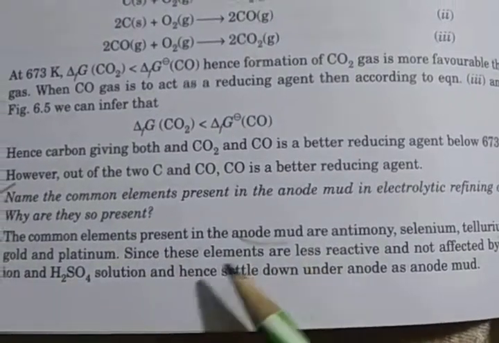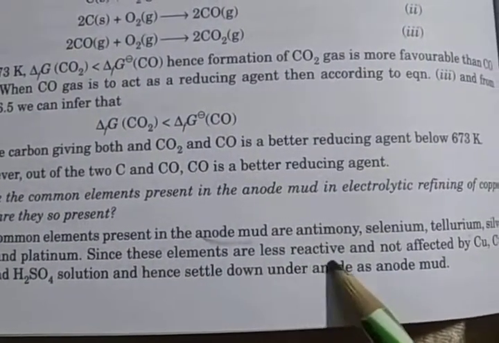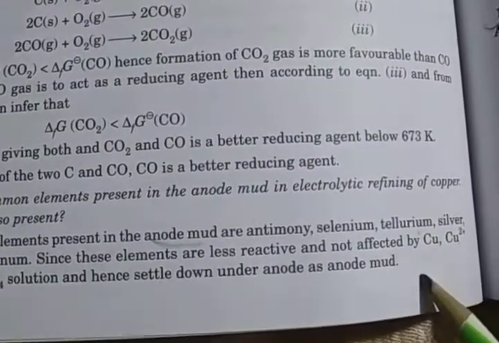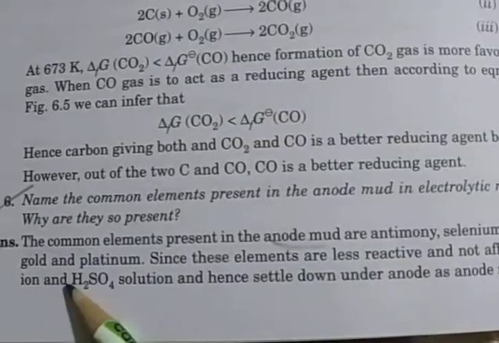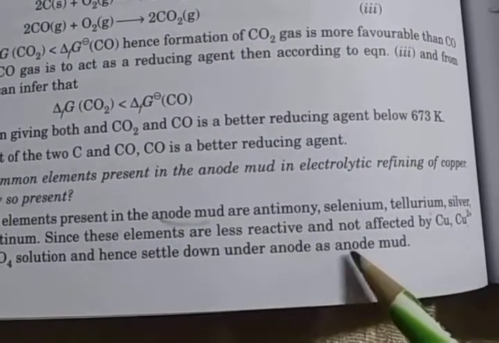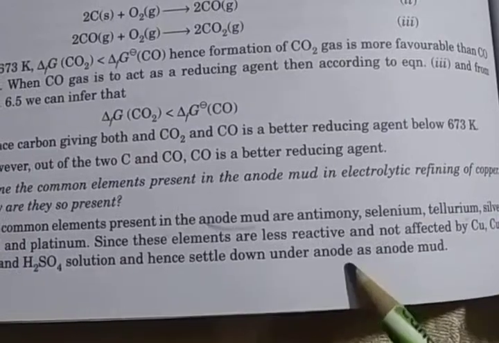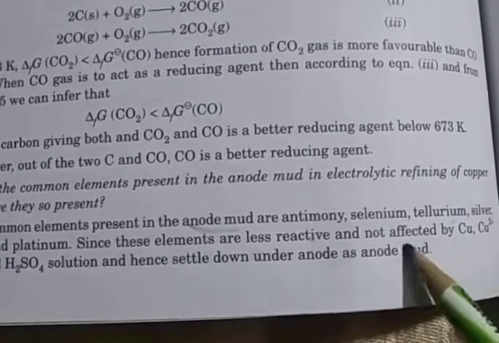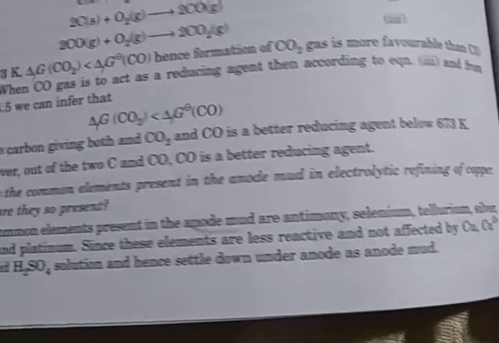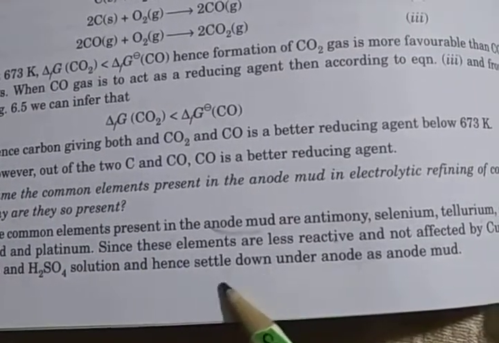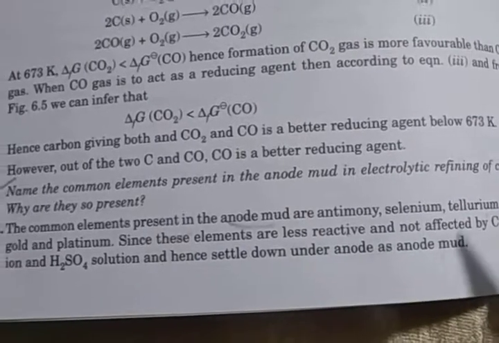Since these elements are less reactive, they are not affected by copper 2+ ions and sulfuric acid solution, so they settle down under the anode as anode mud. The reason is only that they are less reactive.